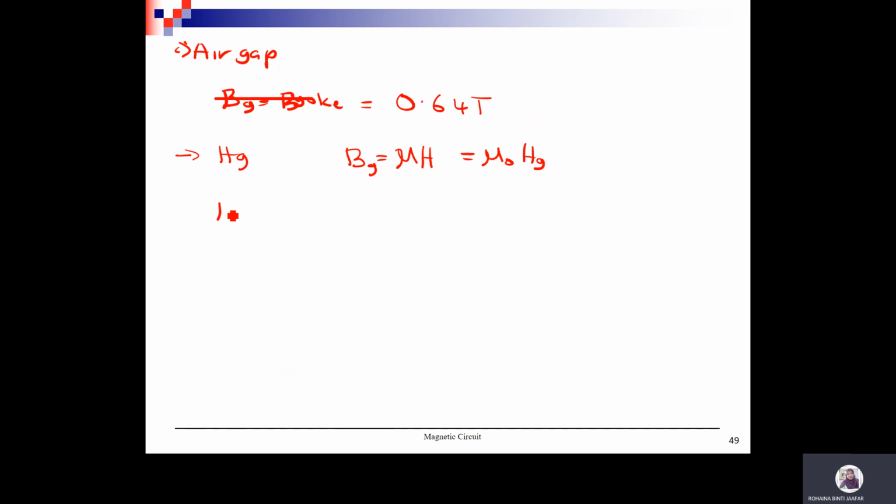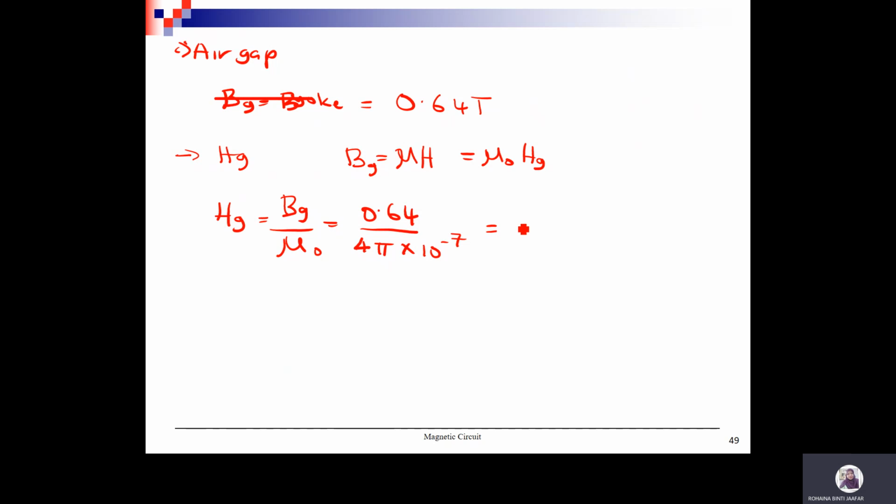Okay, to get the value of Hg, you have to use this formula. So Hg equals Bg over mu naught. The value of mu naught is constant, 4 pi times 10 to the minus 7.